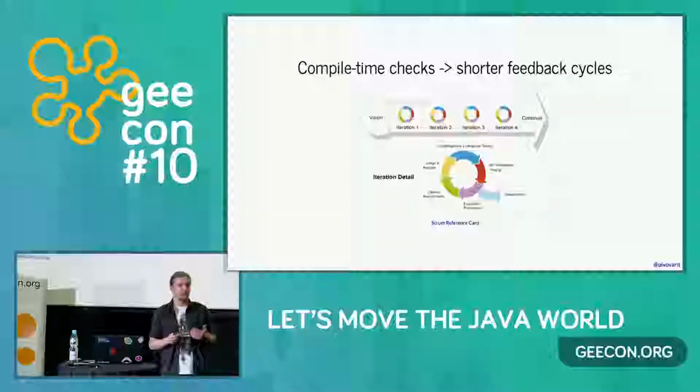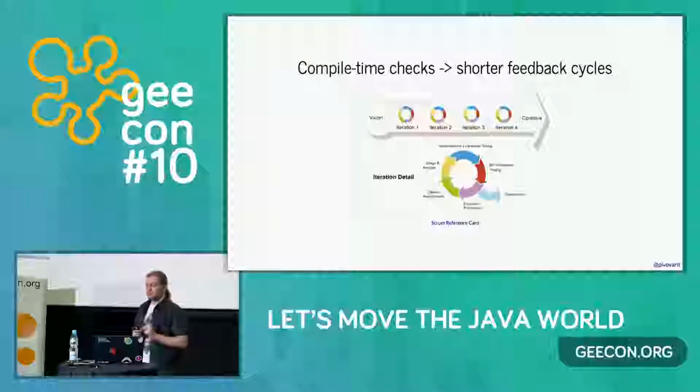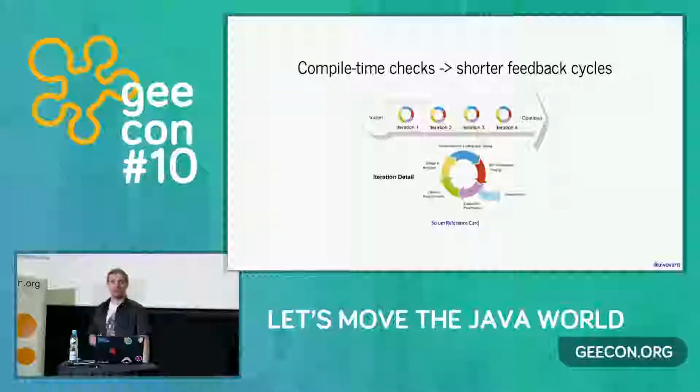How often do you run your tests if they run for 30 minutes? But if you properly leverage the power of static typing and type-driven development, you have this feedback cycle continuously. Whenever you try to assign an int to a string, you get a compilation error, and I think this is something worth leveraging.